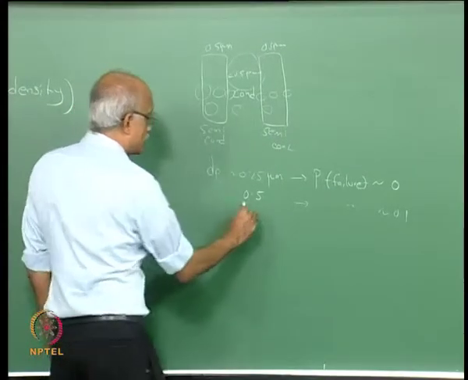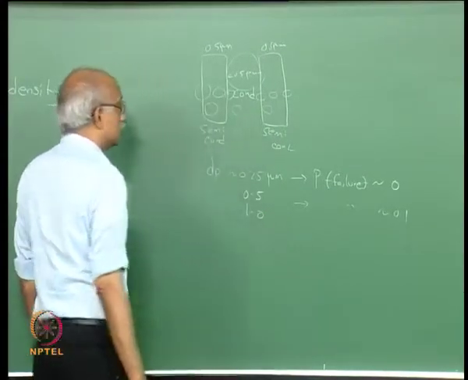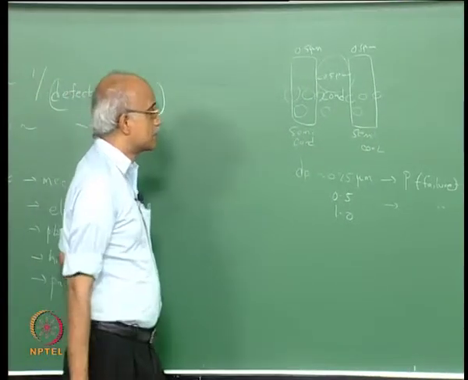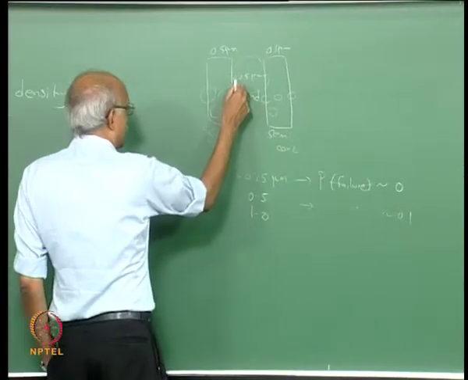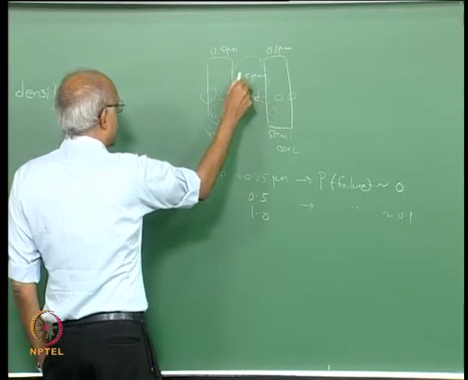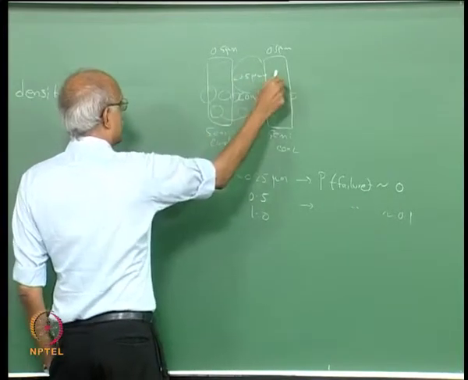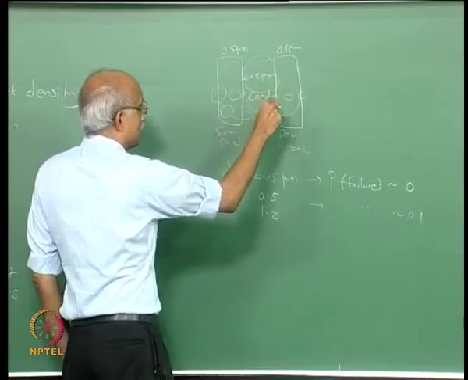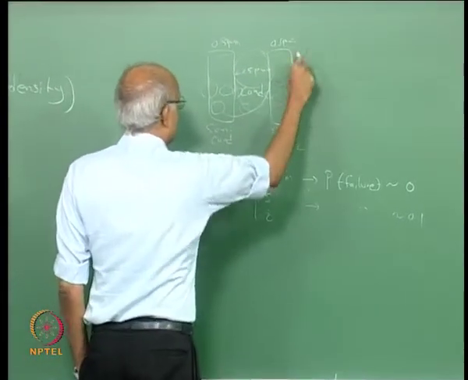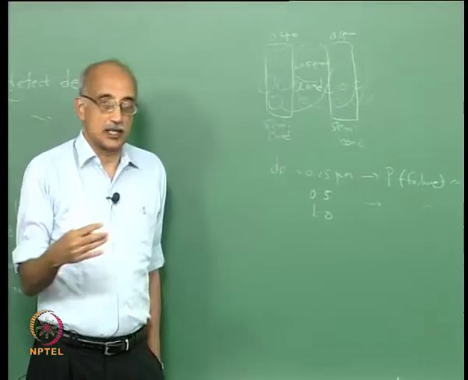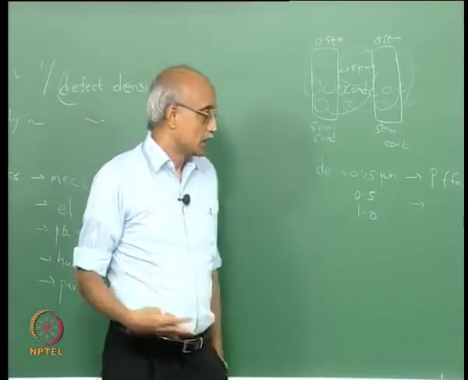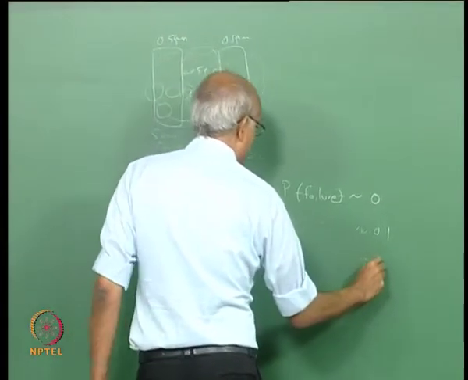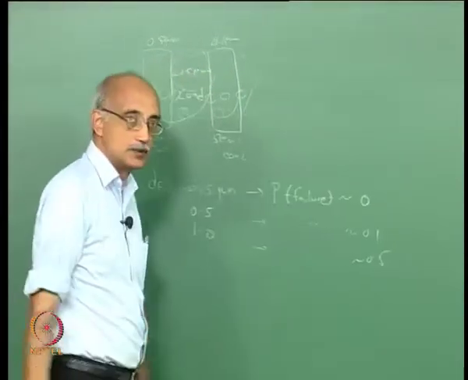Now suppose the particle size increases to 1 micron, then what happens? If the particle is of 1 micron size, then it can easily land in this fashion or in this fashion, but it's also possible that it will land in such a way that it doesn't extend between the paths, right? So again, the probability is higher, not still 100%, but roughly 0.5 or so.